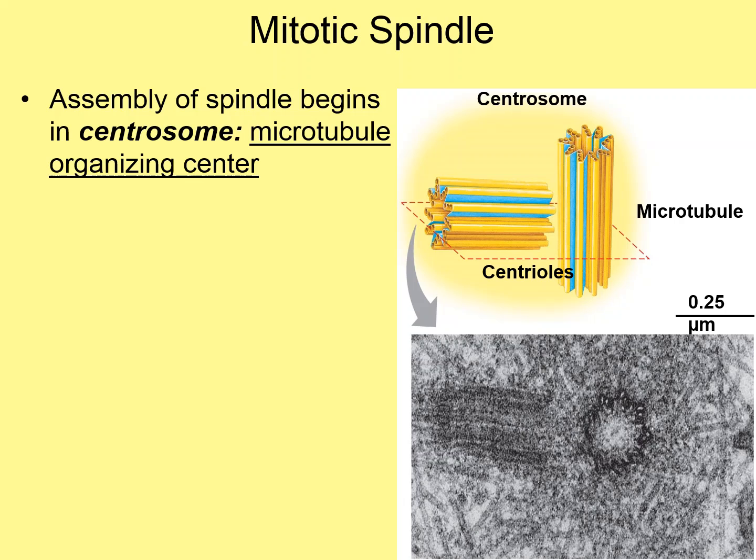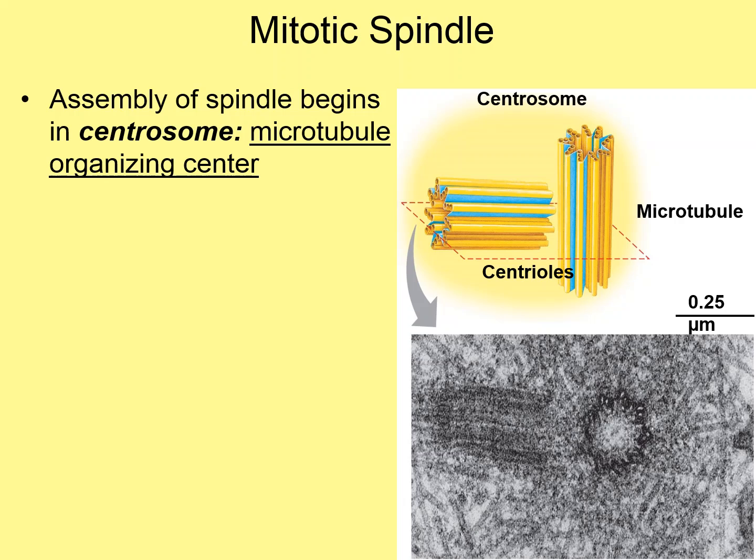A centriole is basically this wonderfully delicately constructed star-shaped structure that basically serves as an anchor point for the microtubules that are going to grow out from the centriole, either towards the plasma membrane on one side or towards the chromosomes on the other side.